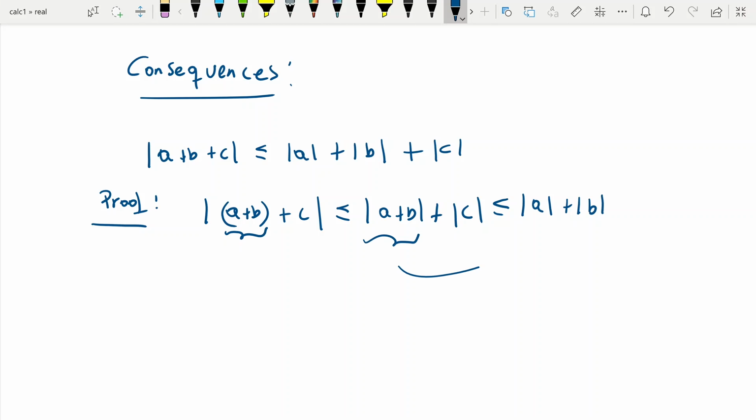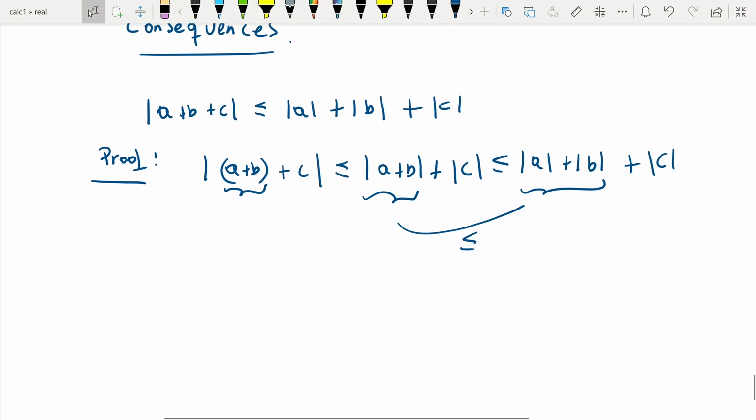This thing here is smaller than or equal to this thing here, and we're just adding C on both sides. So in the end we conclude that the absolute value of A plus B plus C is less than or equal to the absolute value of A plus the absolute value of B plus the absolute value of C.